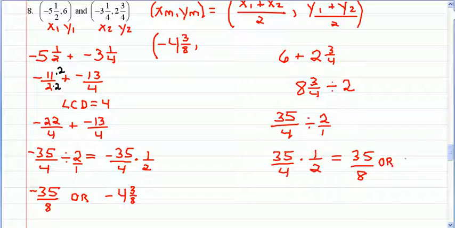And 35/8 is the same fraction that we had for our x, just positive. 8 divides into 35 4 times, with 3 left over, so it's 4 3/8. So the coordinate of our midpoint is negative 4 3/8, comma, positive 4 3/8.